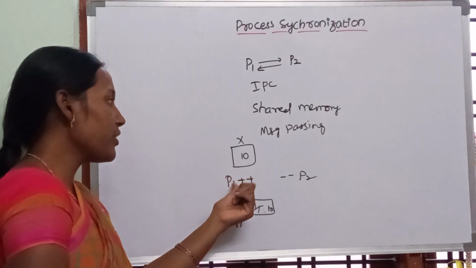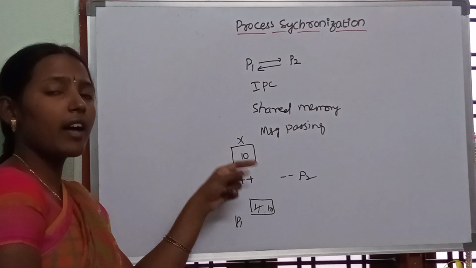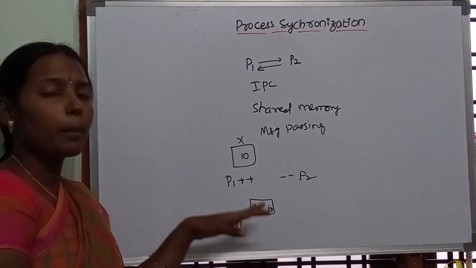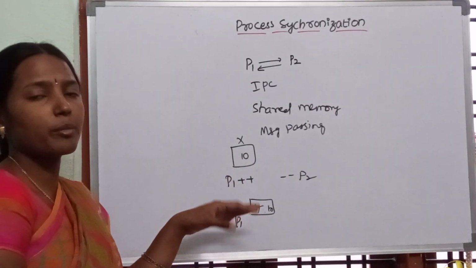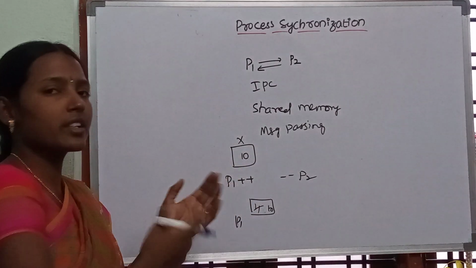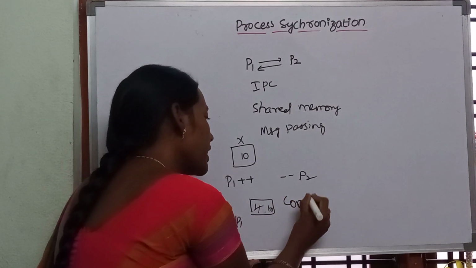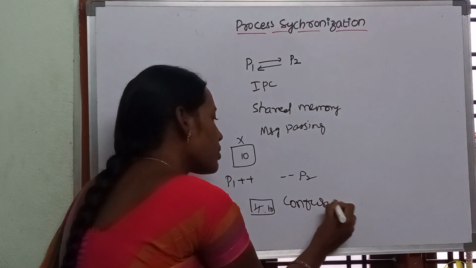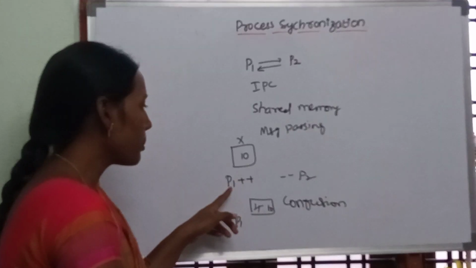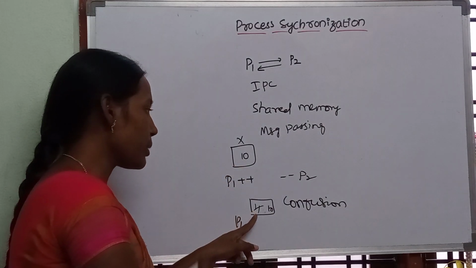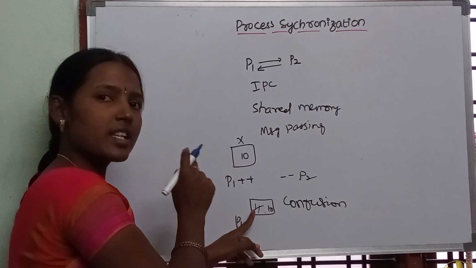That means incrementation and decrementation are happening, but not in a proper way, because P1 and P2 are doing it at the same time. So there is confusion for P1 and P2. How are the values getting like this? P1 assumes the value is 10, increments, so it becomes 11, and assumes the value of x is 11.